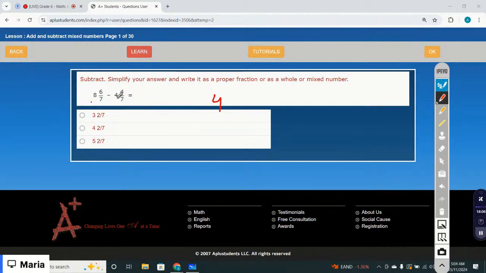They have the like denominators, so subtract their numerators. 6 minus 4 is 2, so that is 4 whole 2 over 7. The correct option is 4 whole 2 over 7. Option number 2 is the correct option. Got it? That is 4 whole 2 over 7.